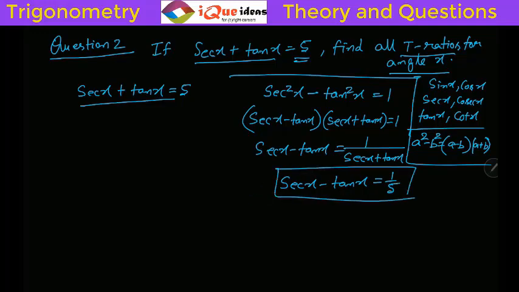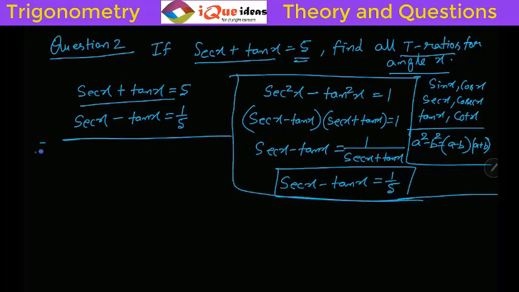Right? Let's write these two equations together. We already have sec x plus tan x equal to 5. And we take sec x minus tan x is equal to 1 by 5. So, if you simply add these two equations, let's see what happens. If you simply add, tan x and tan x will get cancelled. Sec x plus sec x will be 2 sec x, and it is equal to 5 plus 1 by 5. In denominator, LCM, 5 5s are 25 plus 1, that is 26 by 5.